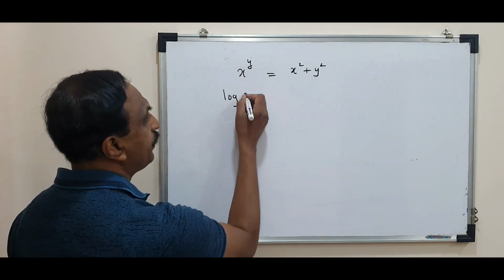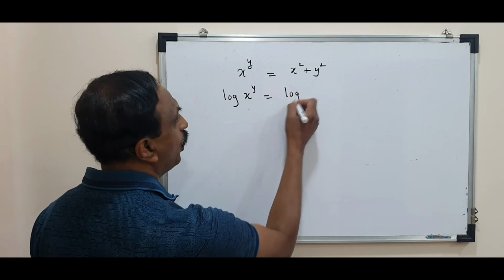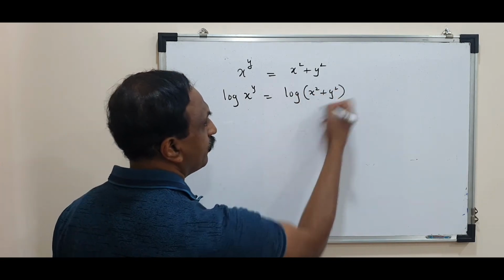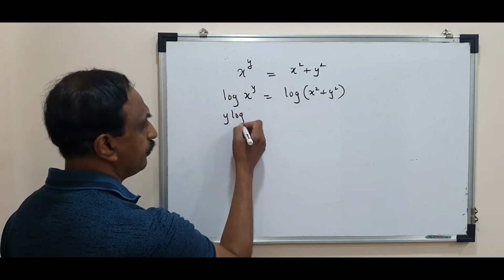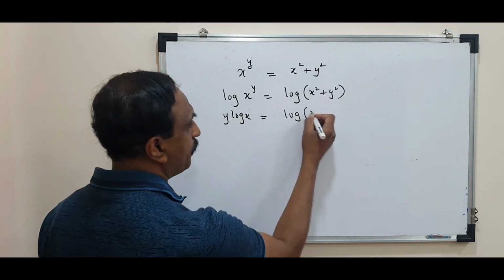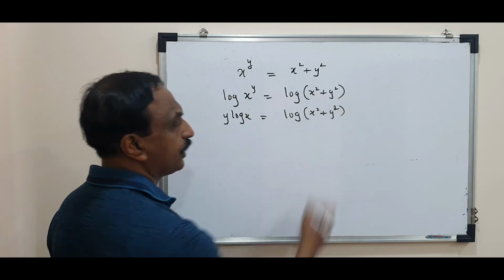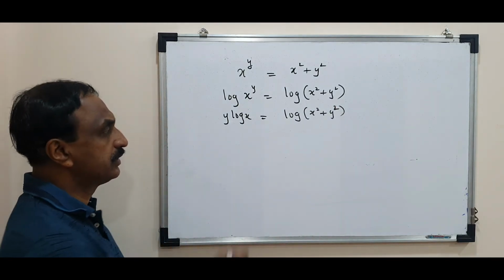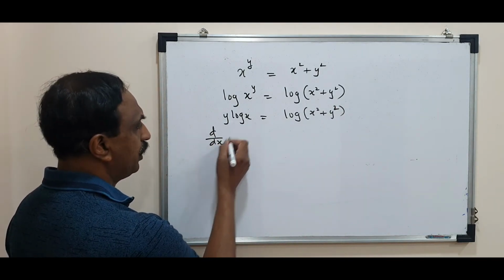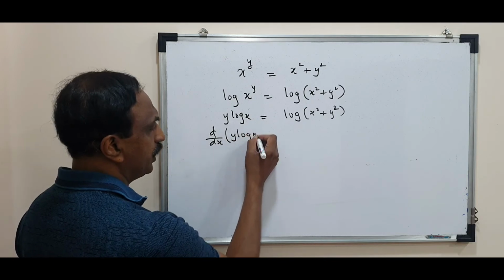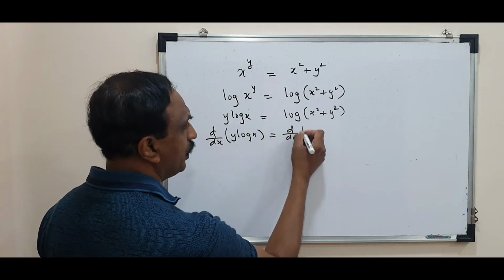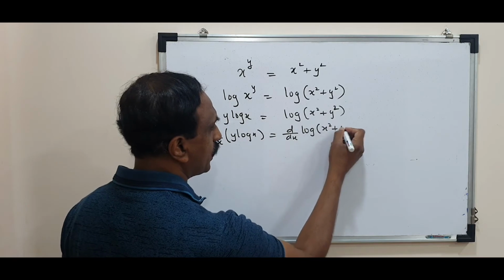So log of x raised to y is log of x square plus y square. So y log x is equal to log of x square plus y square. We do not have any property with plus sign, so we'll have to keep it like that only. Now let's differentiate this. So d by dx of y log x is equal to d by dx of log of x square plus y square.